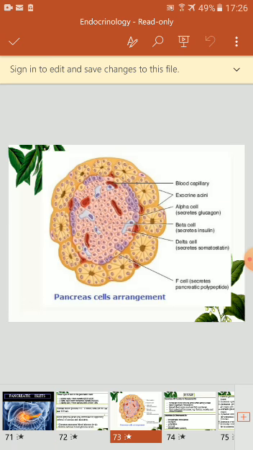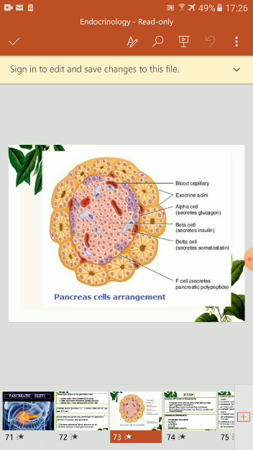You can see here the pancreatic cell arrangement. On the extreme peripheries, you could see alpha cells that secrete glucagon, and on the inner side, the numerous cells, those are beta cells that secrete insulin, and the blue ones, few cells, delta cells, that secrete somatostatin.